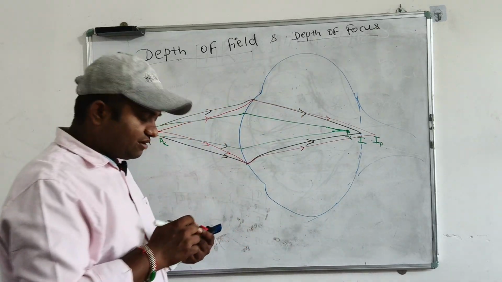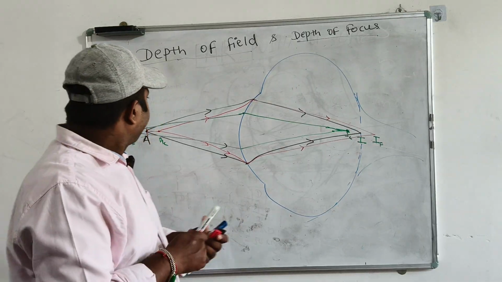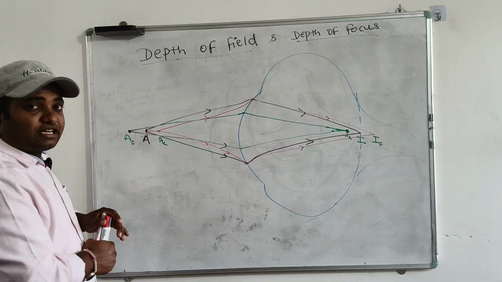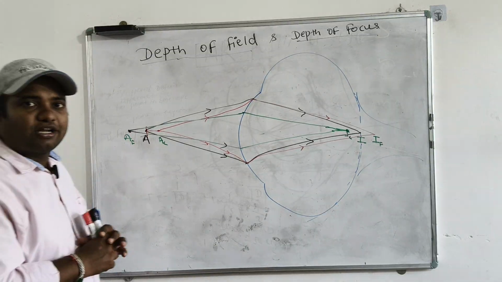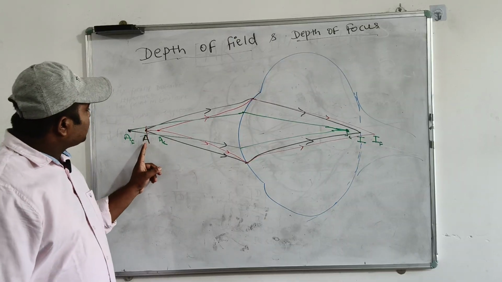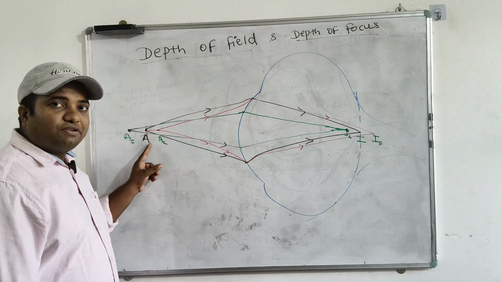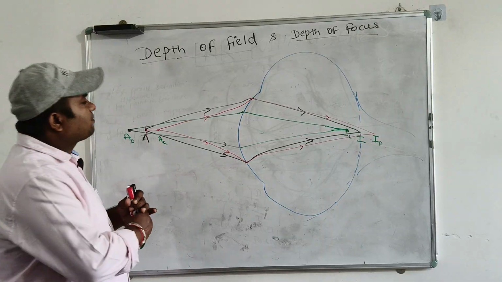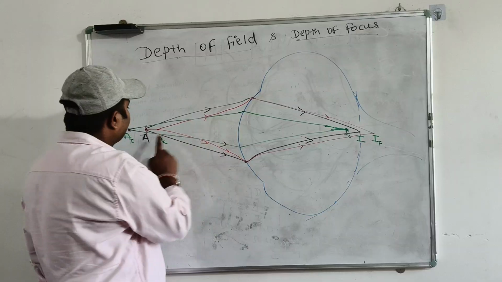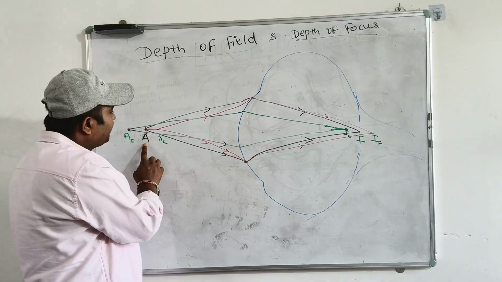Just for understanding purposes, we are indicating it like this. Now, understand the concept clearly. When the eyes focus at object A, of course when you are seeing near, there should be some accommodation, and with the help of accommodation you are seeing the object A.